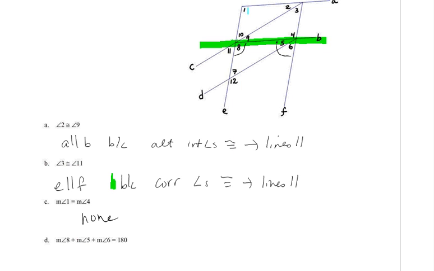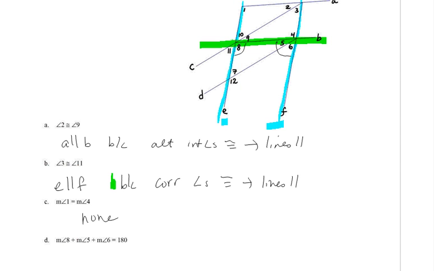Well, that would be E and F. Looking at that diagram, we notice that the two angles that I've marked, 8 and then 5 plus 6, are inside the lines that we think are parallel, which are E and F. And they are on the same side of the transversal, so they're same side interior, and we know same side interior is supposed to be supplementary.